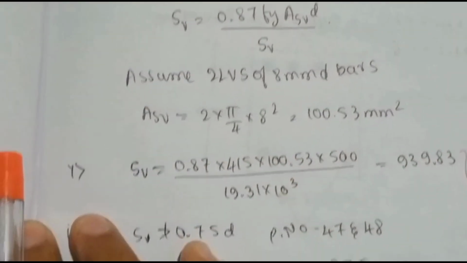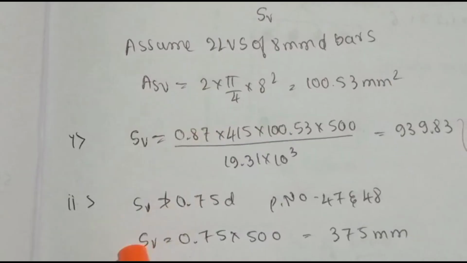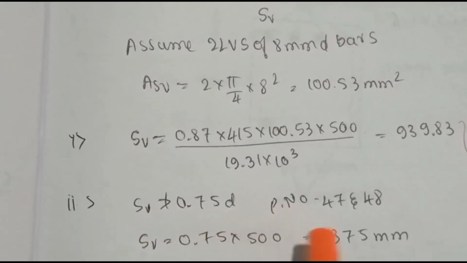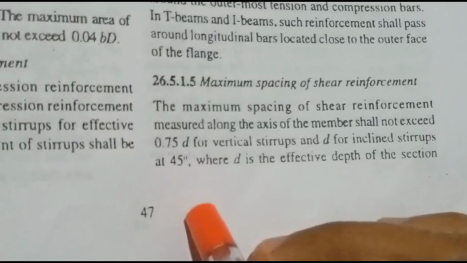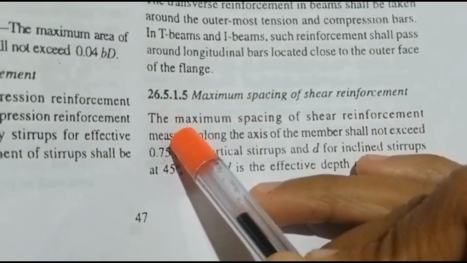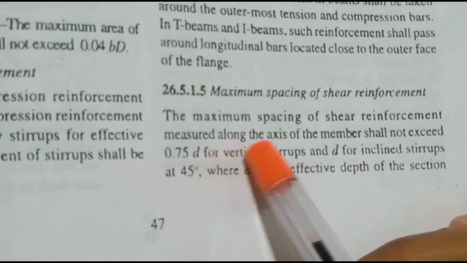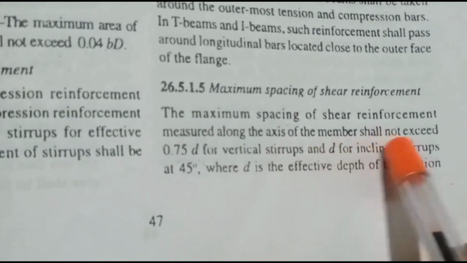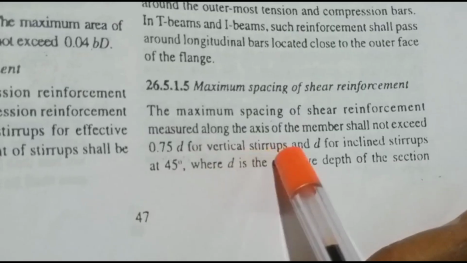And again, what we need to do for spacing of stirrups, from page number 47 and 48, what they have said. Page number 47. The maximum spacing of shear reinforcement measured along the axis of the member shall not exceed 0.75 D for vertical stirrups.